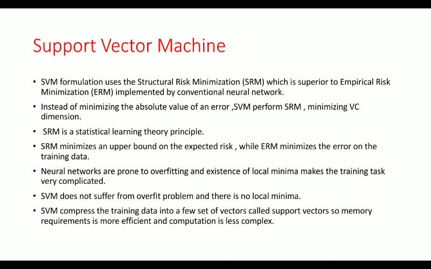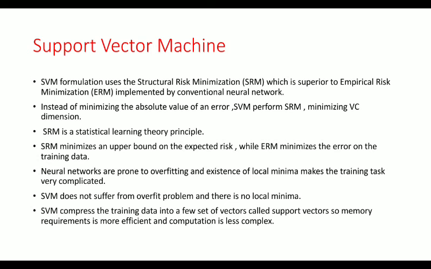As I already mentioned, SRM is a statistical learning theory principle, and it minimizes an upper bound on the expected risk. But the traditional principle, ERM, just minimizes the error on training data, and it is implemented using neural networks only.